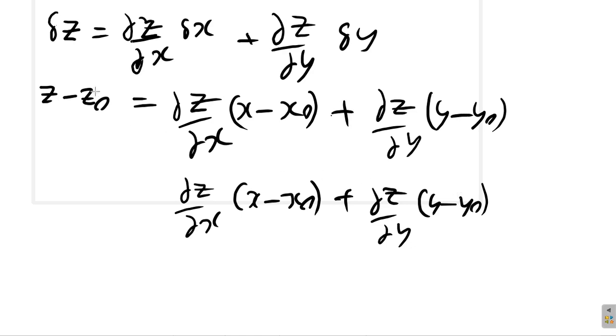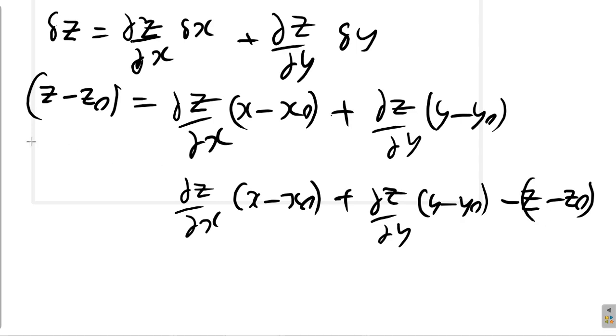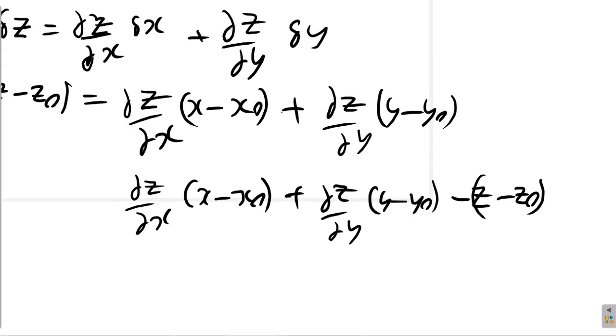Then you would have to add z naught to both sides and subtract z. But when you put all of this in brackets, you consider that you subtract z minus z naught, equals 0.